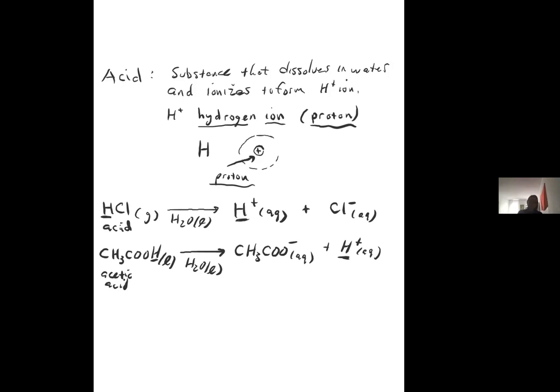Acetic acid is a weak acid. Hydrochloric acid is a strong acid. Okay, what does that mean? What that means is if I put 1 mole of HCl into a big pool of water, it will ionize 100%, meaning that 100% of it will break up into ions.